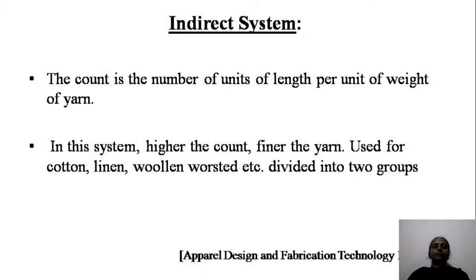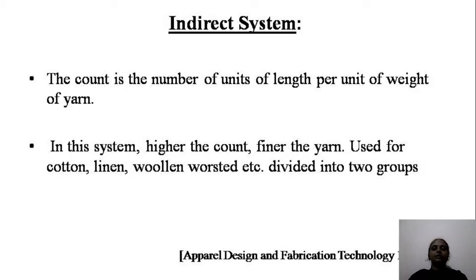Earlier we discussed the direct system. Today in this session you are going to study the indirect system. In the direct system, there are two systems, tex and denier. Tex is the universal system. Here the length is fixed, that is 9000 and 1000. This way you can calculate the yarn count.